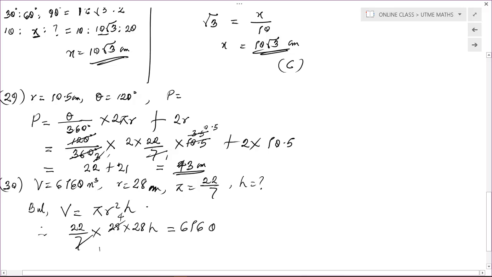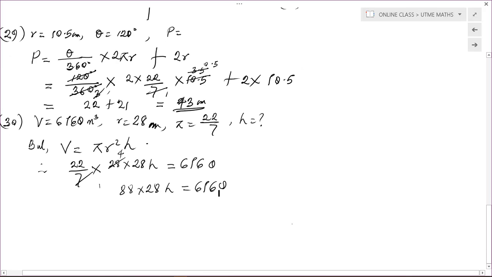It means that we have 4 times this one 88. So that is 88 times 28h, which is equal to 6160. Then in this case now, it means that h is what?